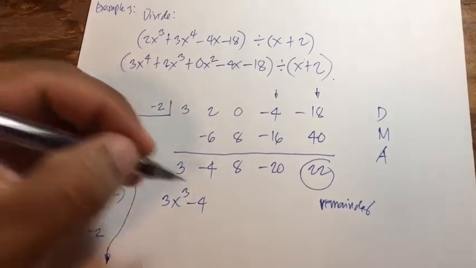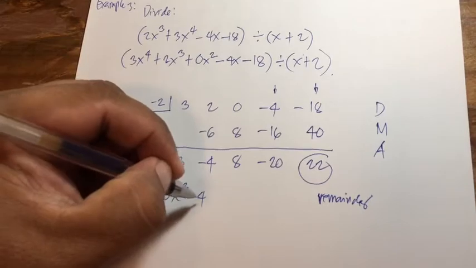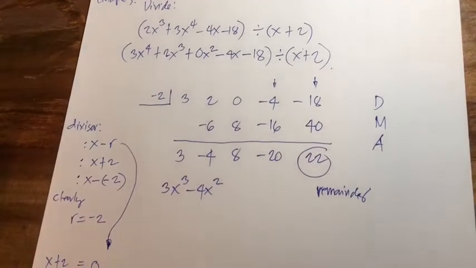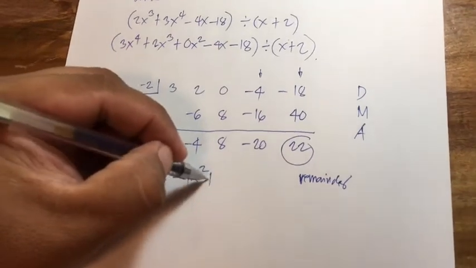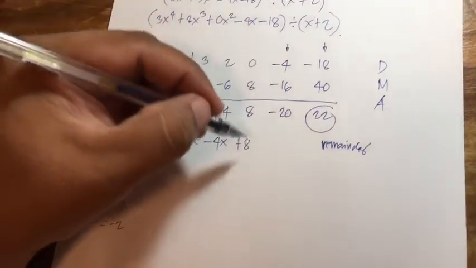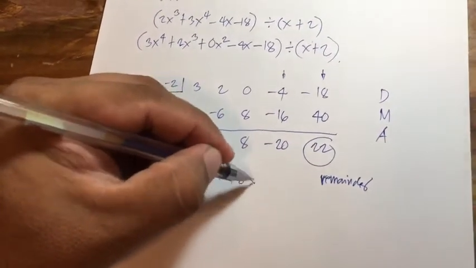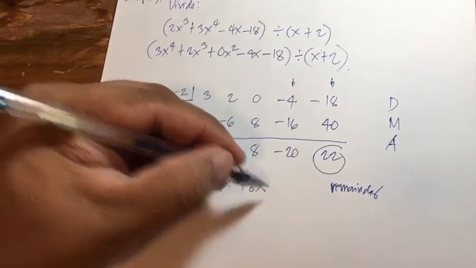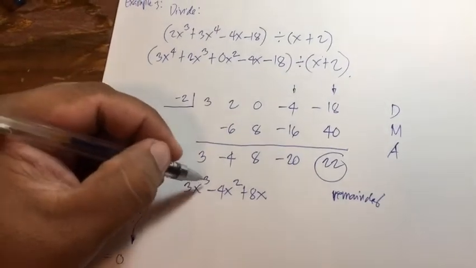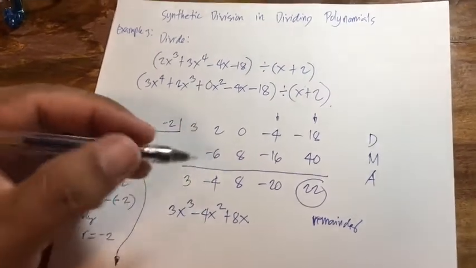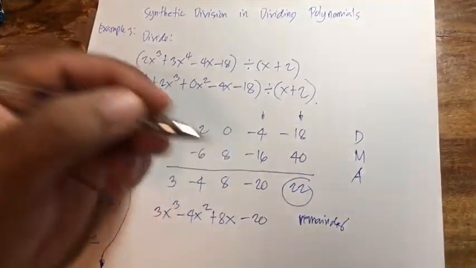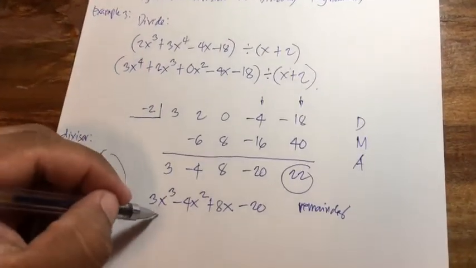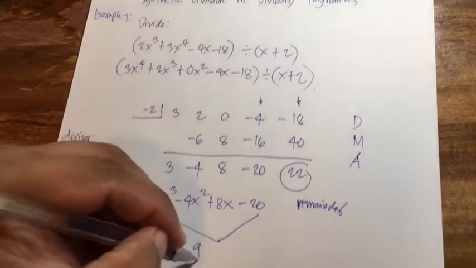After cube, we have exponent of 2, negative 4x squared. Okay, 3, 2. Then copy, plus 8. After 2, you can write x to the power of 1. No need to write 1. So 3x cubed minus 4x squared plus 8x minus 20. Okay, this is our quotient.